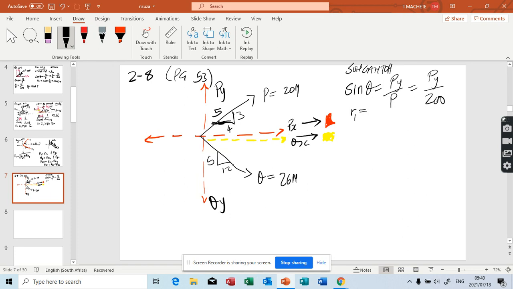You see, that is the same. There, they found 5 already. But when you've got a question, it's not given. That 5 is not given. Yes, you have to find it.